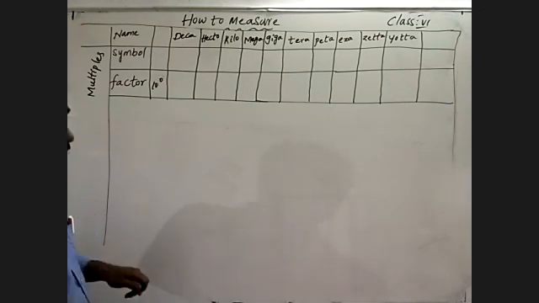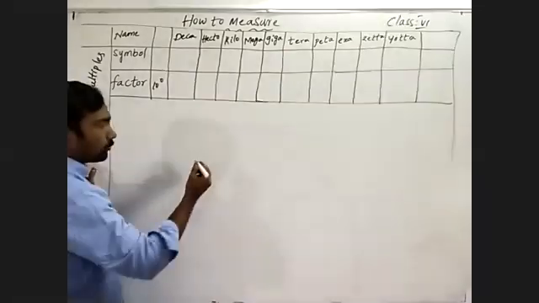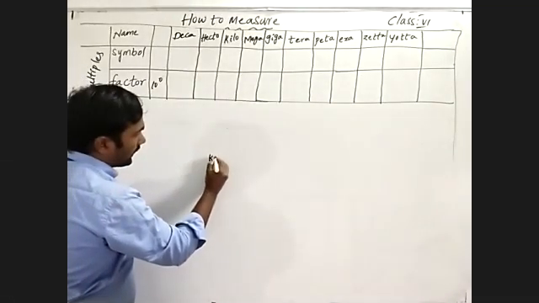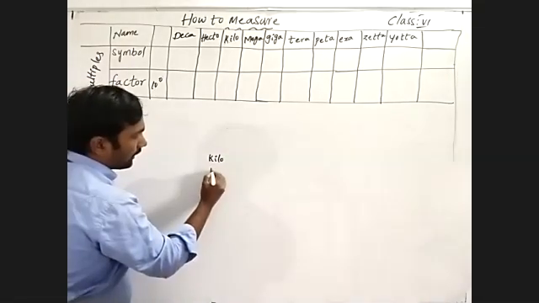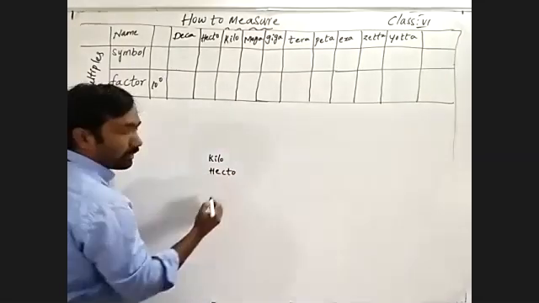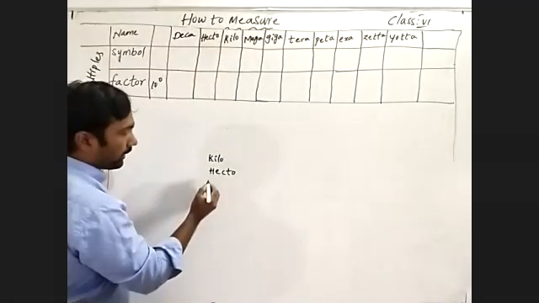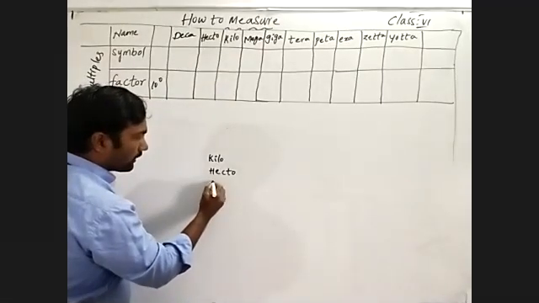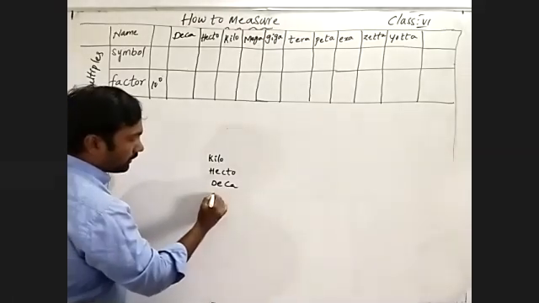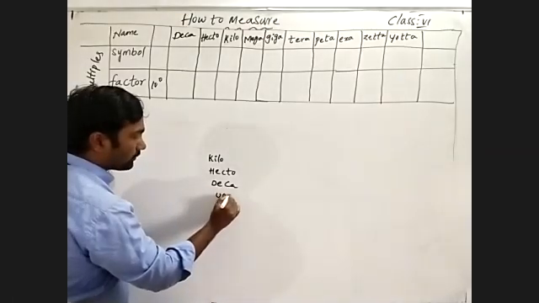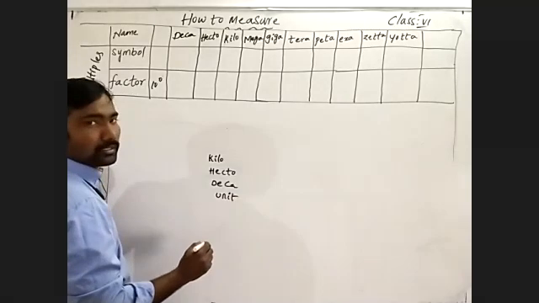Before, we learned how to write kilo first, and after that hecto, and next deca, and after deca it is the unit.